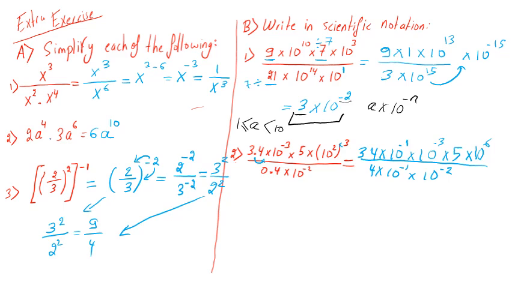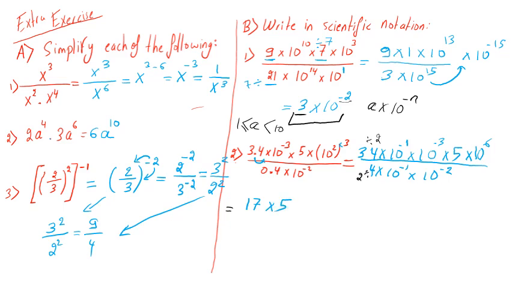We take the numbers together and the powers of 10 together. We can see that 34 can be divided by 2 and 4 can be divided by 2. It's equal to 34 divided by 2, 17. We have 5 here, times 5.